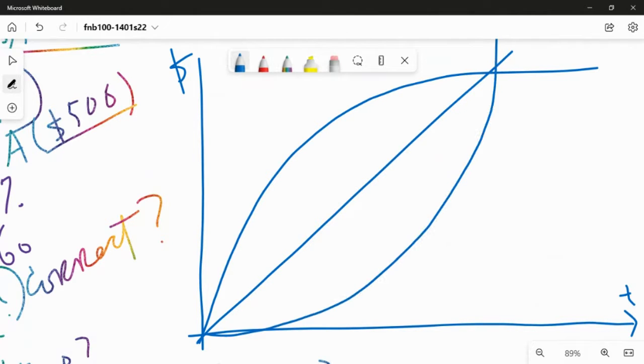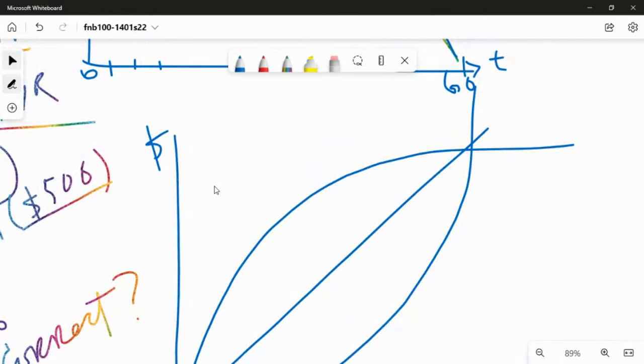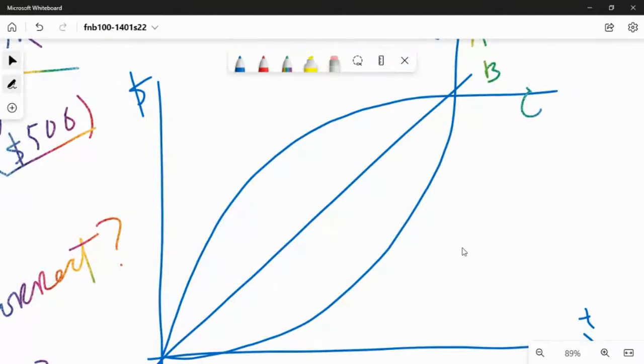Growth is decaying. On the other hand, something like this is called exponential growth or exploding pattern, right? So if I label these A, B, and C, A is showing an exponential growth or exploding pattern.